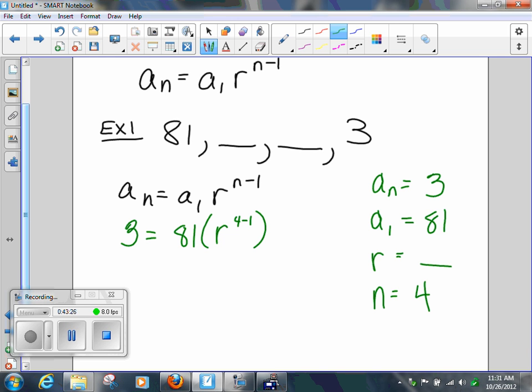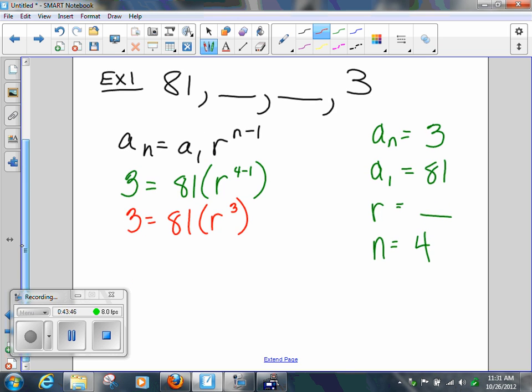We'll start simplifying. 3 is equal to 81 times r to the 3rd. You guys agree with that? What am I going to be solving for? I'm going to solve for the ratio. How do I solve it? Divide by 81, right? R cubed.